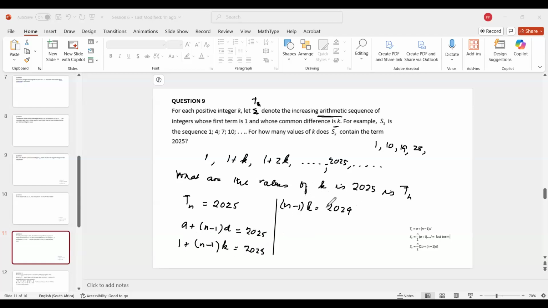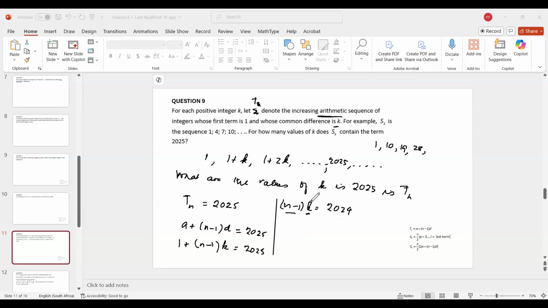Now here's something. What you've got on the left-hand side is a product of two numbers, and they are integers, because n is an integer, it's a counting number. We are saying first term, second term, third term, and k is also an integer. So the product of two integers is 2024.